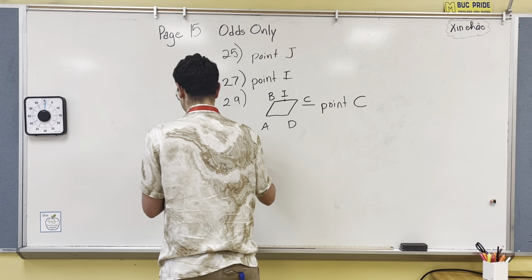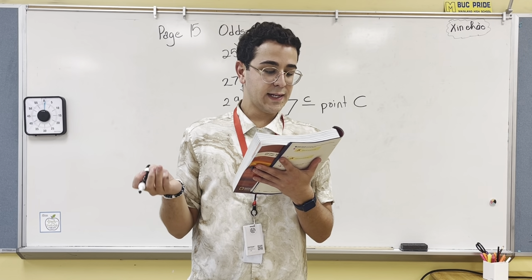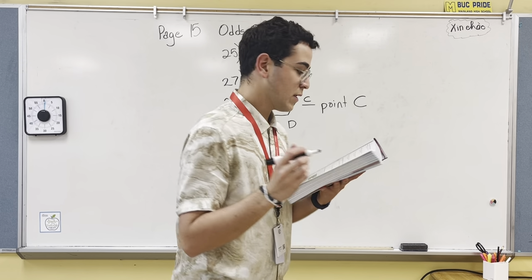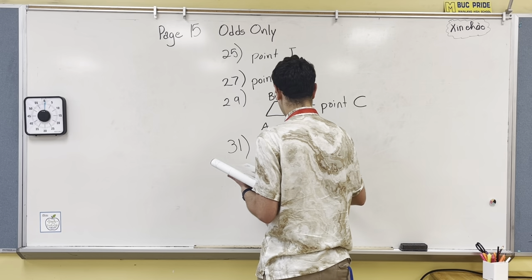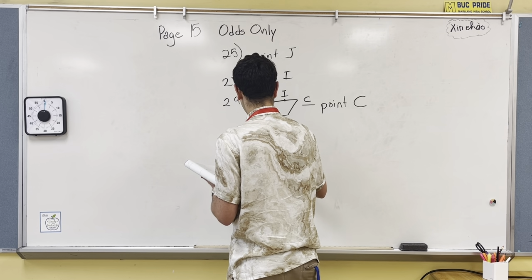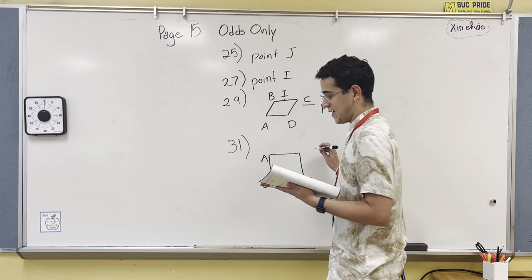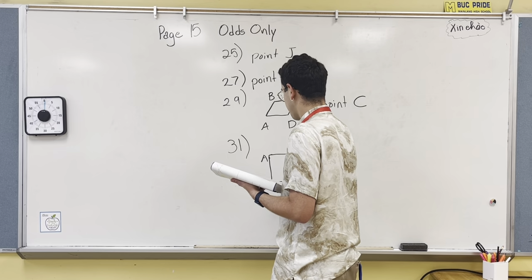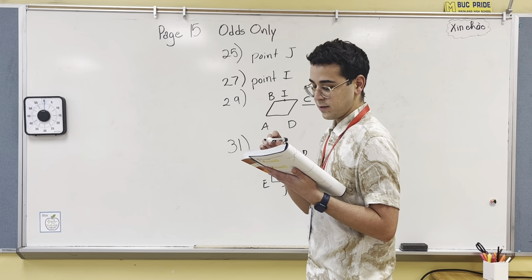And number 31, name the intersection of plane AEH and plane FBE. So here we have AEH, as well as D and J right here, intersecting with FBE.